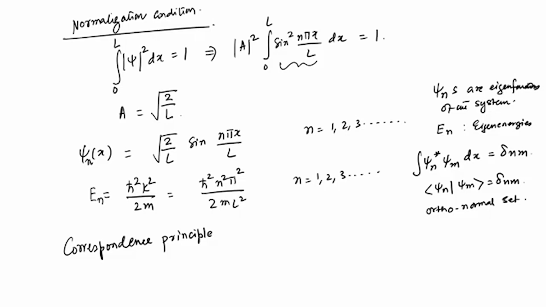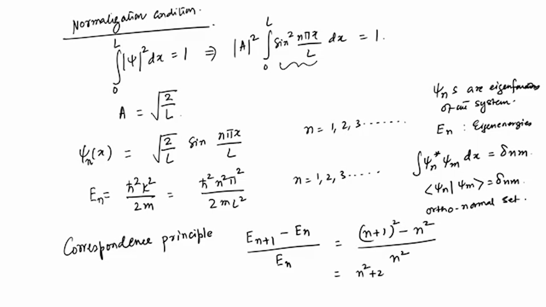In that connection we want to understand what is E n plus 1 minus E n divided by E n, say for example. So, this is like n plus 1 whole square minus n square divided by n square, and this is like n square plus 2n plus 1 minus n square divided by n square, and the n square will cancel, and if n is large, then of course we can neglect 1 in front of 2n.